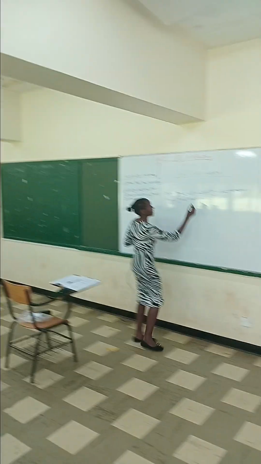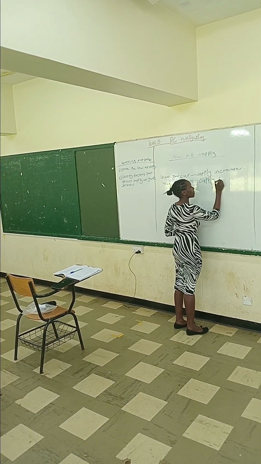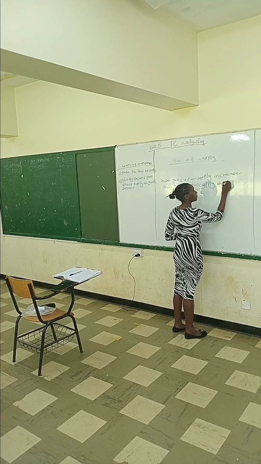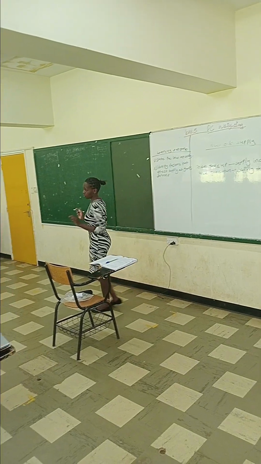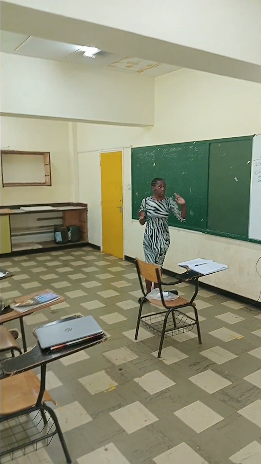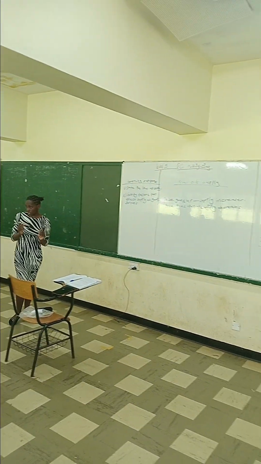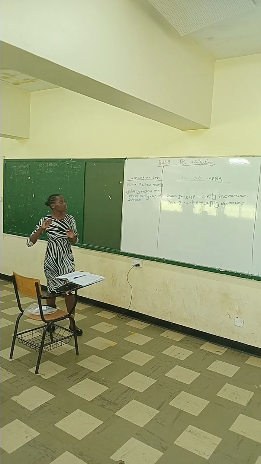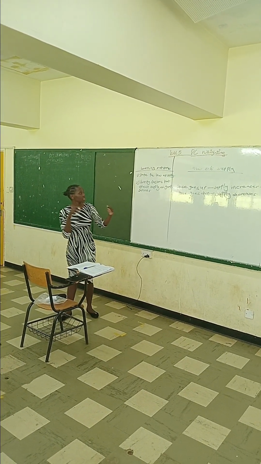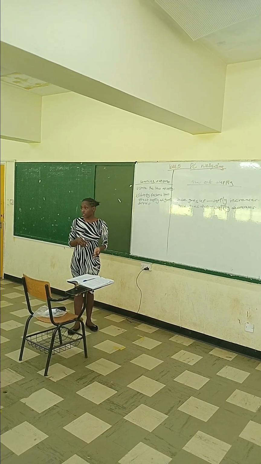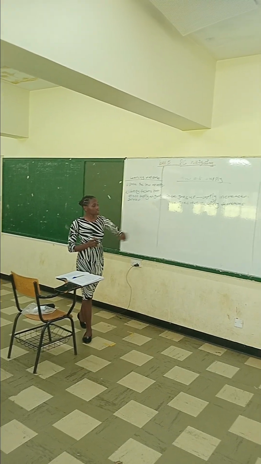Clap for Sacom. Are you seeing the difference and the connection? I hope you are getting it. When the price goes up, it is a benefit to the supplier, and so they will tend to supply more. But when the price goes down, the supply goes down. All right? So this is what it is.